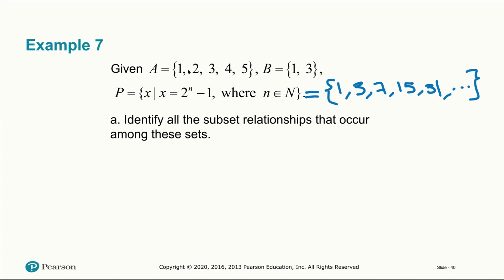Clearly not, because there are elements in A that are not in B. So A is not a subset of B. But do note that B is a subset of A.